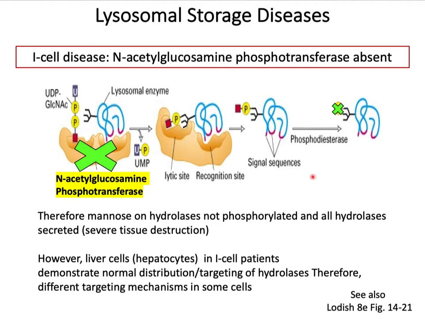What is really intriguing about I-cell disease is that these patients, in their liver cells, their hepatocytes, have completely normal distribution and targeting of lysosomal hydrolases to lysosomes. So even without the mannose-6-phosphate modification, there is some different targeting mechanism in cells, as seen in this case. These liver cells can get lysosomal hydrolases to the lysosome without the mannose-6-phosphate modification.